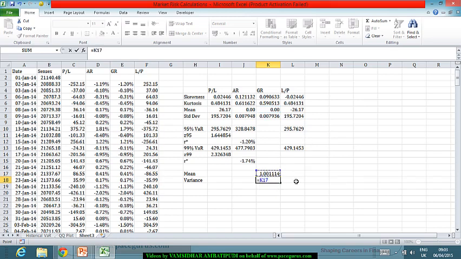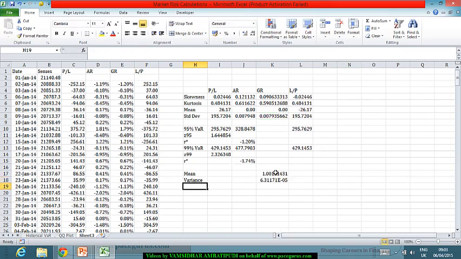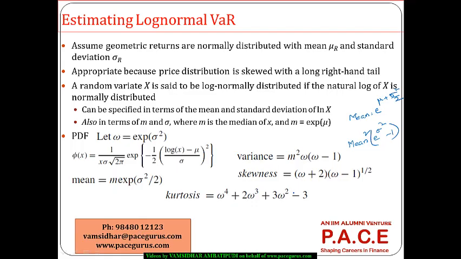So this is the variance that is associated with this log normal distribution. These are the means and the variances that are associated with the log normal distribution.